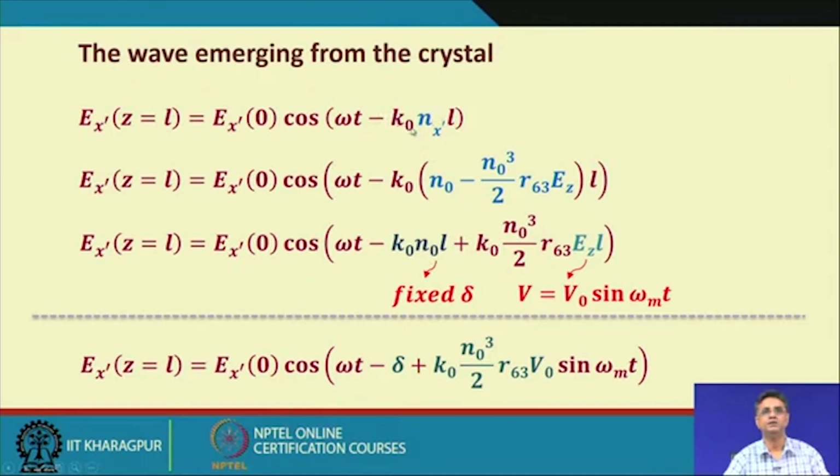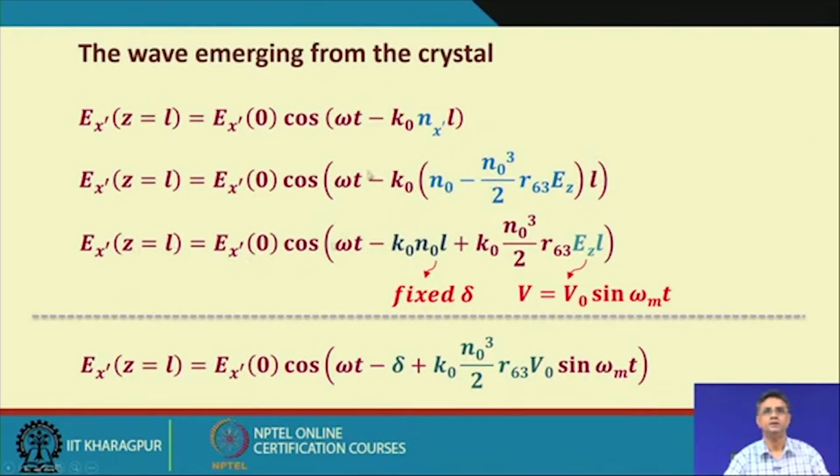Otherwise, it would have been k 0 n 0 into L only, of course, and so this one we can write in this form, because n x dash is anyway known to us.